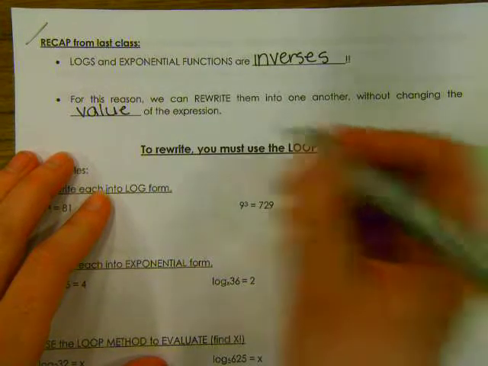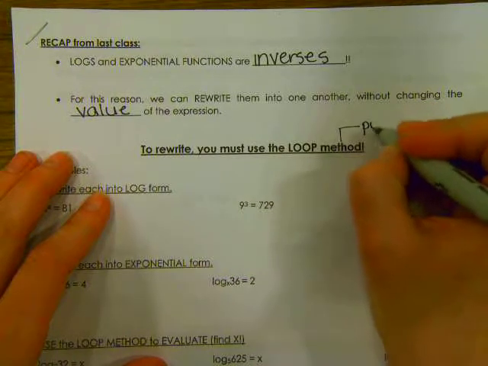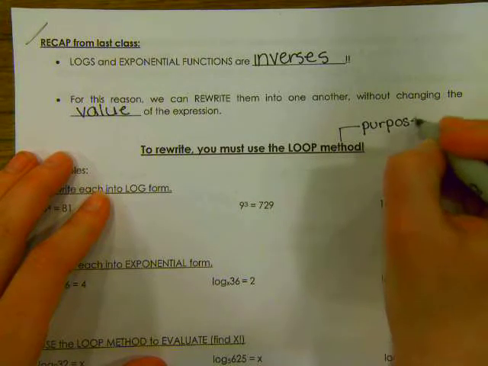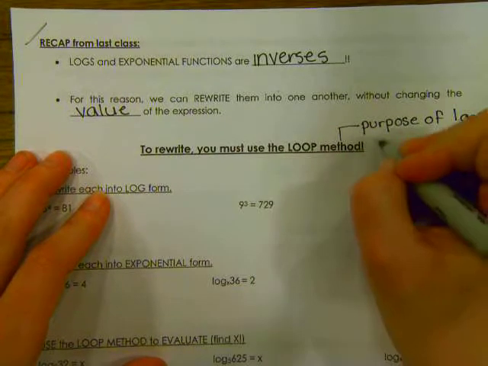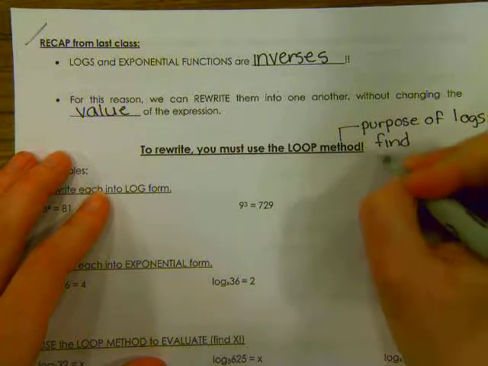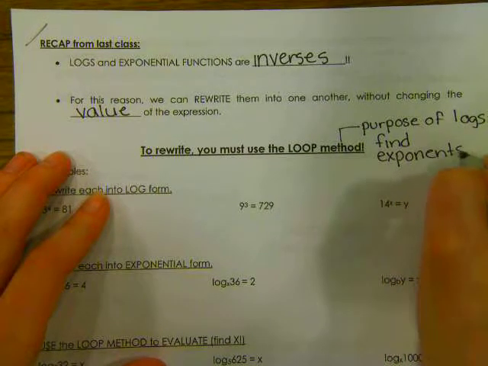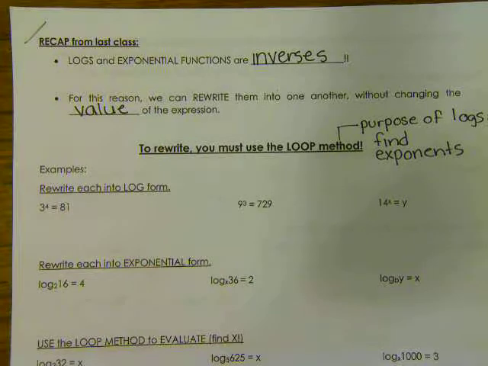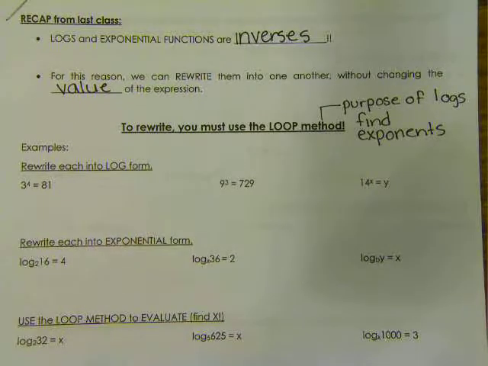Now, remember this loop method, the purpose of logs, little side note, by doing the loop method is to find exponents. Okay, that's why we go from one form to the other. We want to be able to use logs to help us find exponents and vice versa.